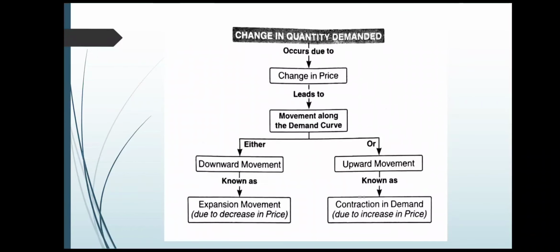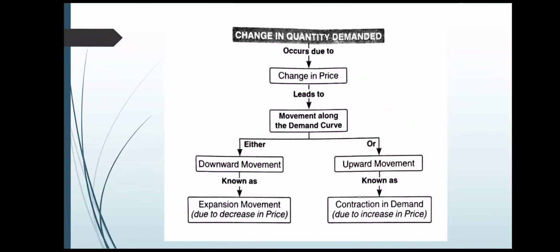So today we have studied about change in quantity demanded, which occurs due to change in price, and we consider that all the other factors are constant. So this change in price leads to movement along the demand curve. There are two types of movement, either downward movement or upward movement.